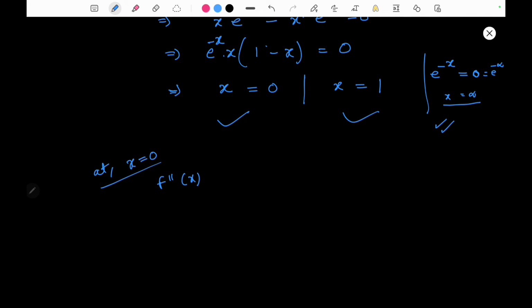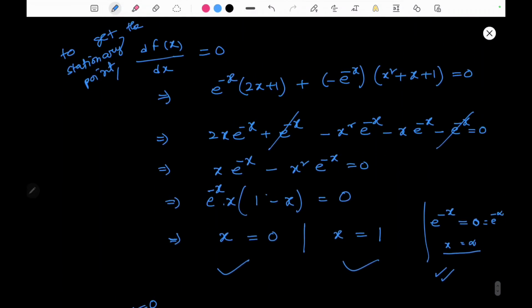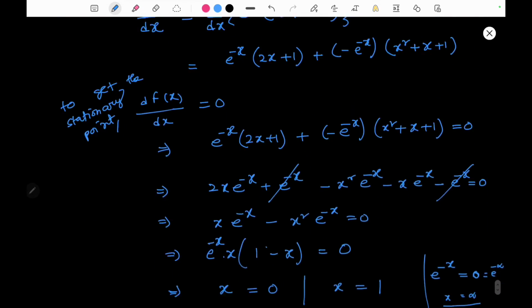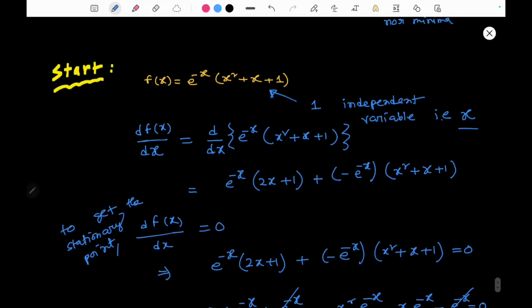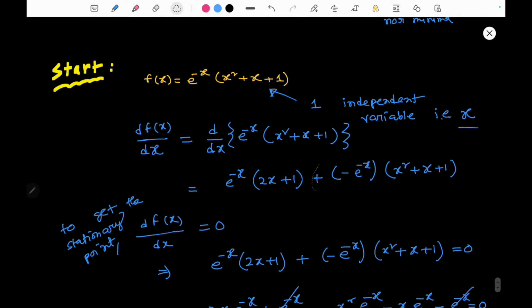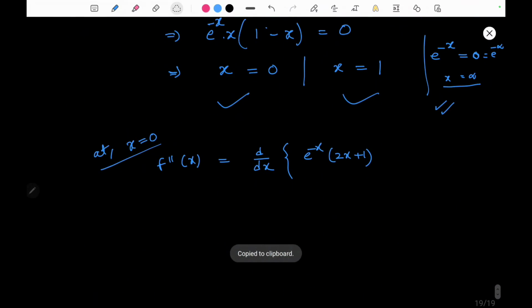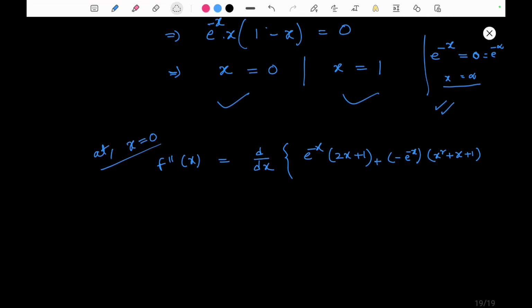First we will find out f double dash x, which will be d by dx, and here the result we got is e to the power minus x (2x plus 1) plus this. Okay, hope it is understandable.